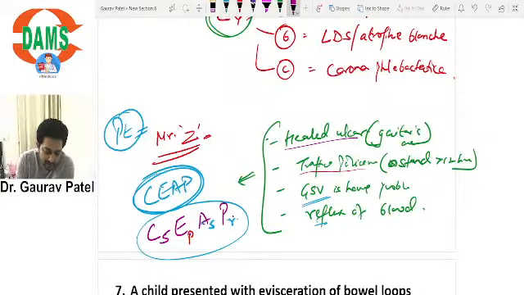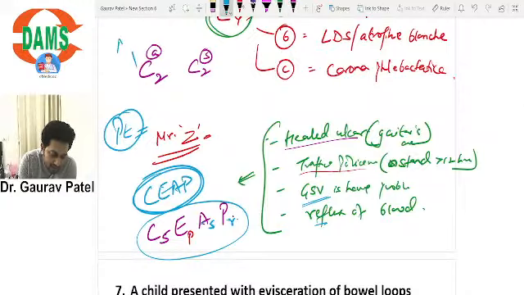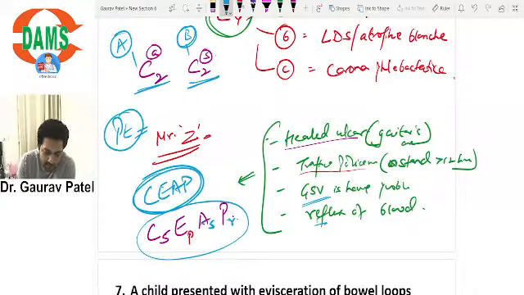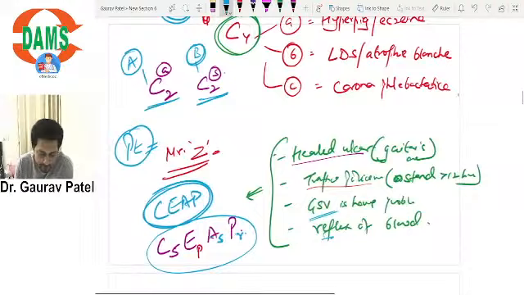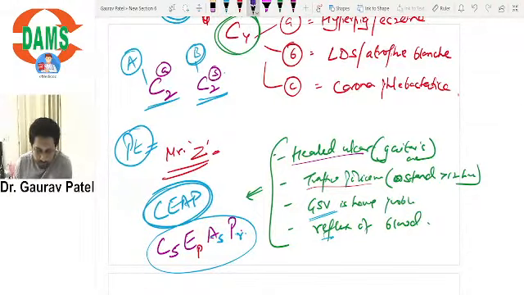Okay, suppose it is written C2A and C2S. How are patient A and patient B different? What is the difference between patient A and patient B? Anybody?